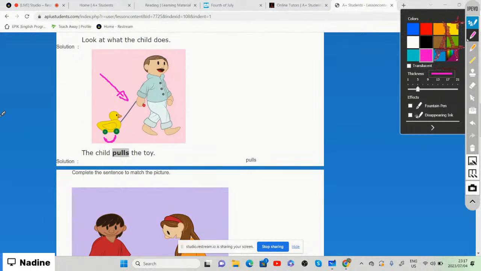If you say play with the toy, then that is also correct. However, that is not matching the picture, or matching the sentence. So pulls is the correct word. So the child pulls the toy and not plays the toy, right? Because plays does not even match the sentence, right? So the child pulls the toy.